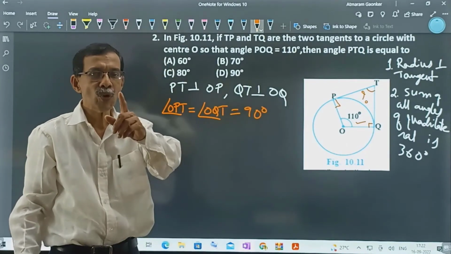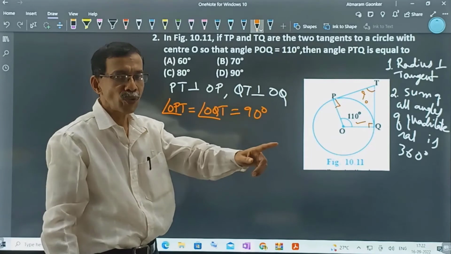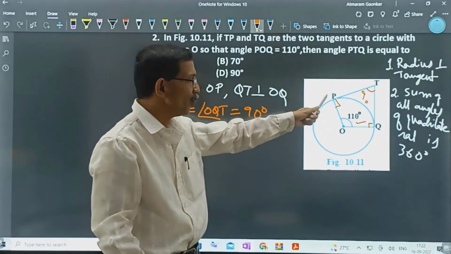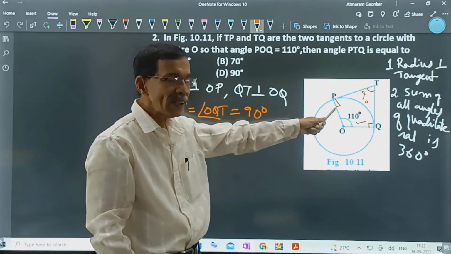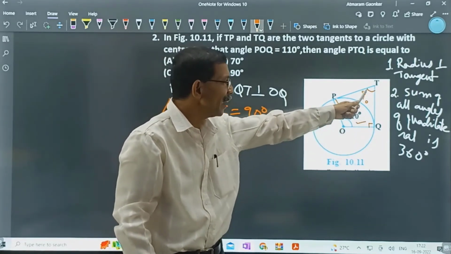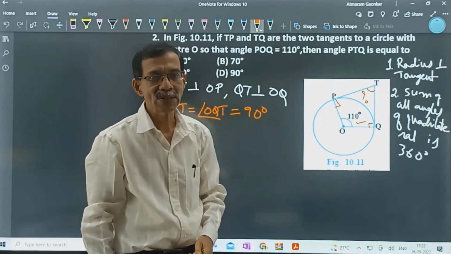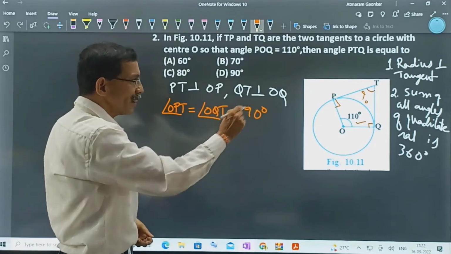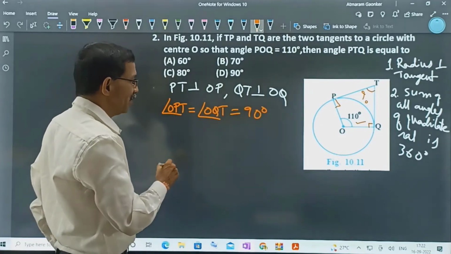Now out of the 4 angles of the quadrilateral, one angle is O, which is already given, one angle is P, which is 90 degrees, and one angle is Q, which is 90 degrees, and the fourth angle T is unknown. So let me write the sum of all these angles equal to 360 degrees.